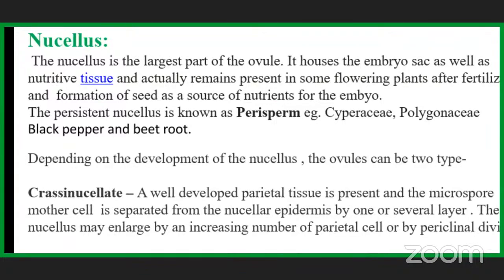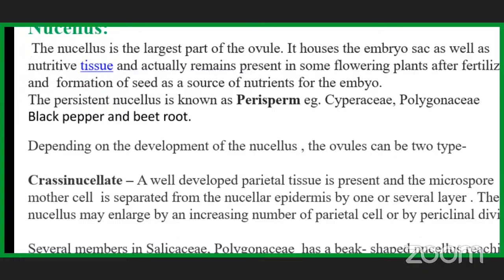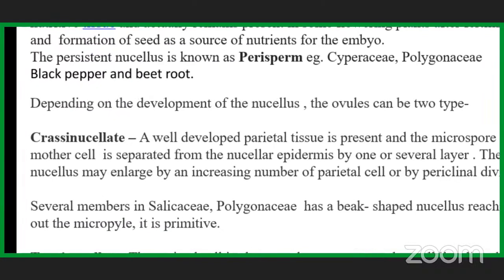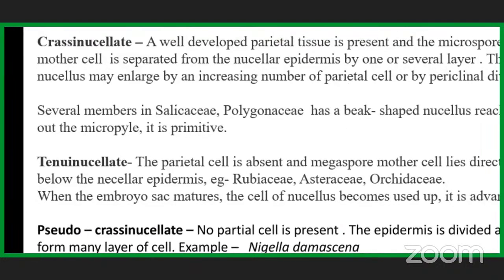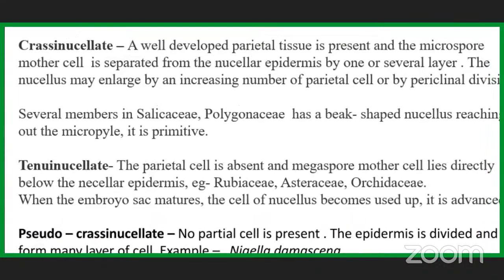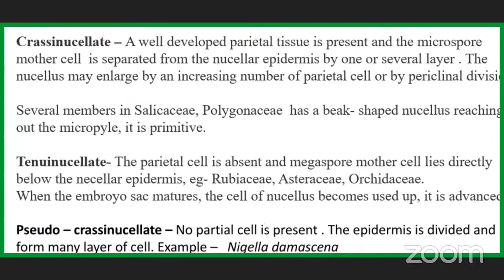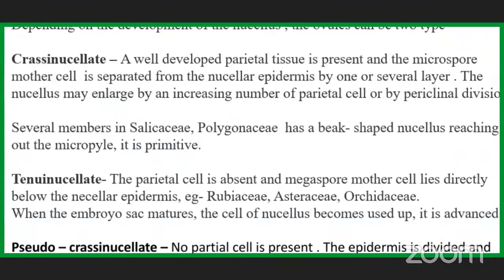The remaining nucellus, even after maturation of the embryo sac, is called perisperm. Depending upon the development of the nucellus, two types of ovules are there. That is also very important. Based upon the nucellus: crassinucellate and tenuinucellate.